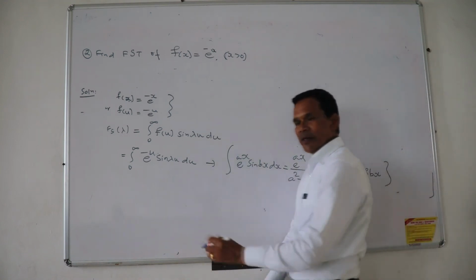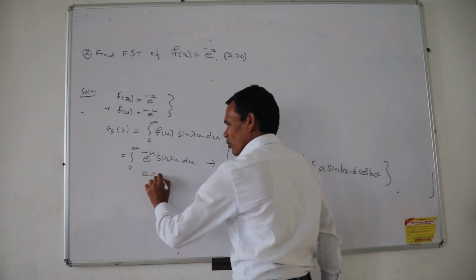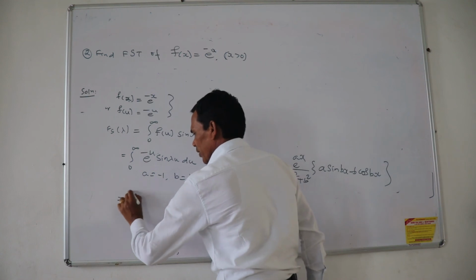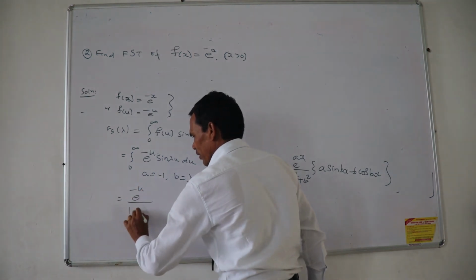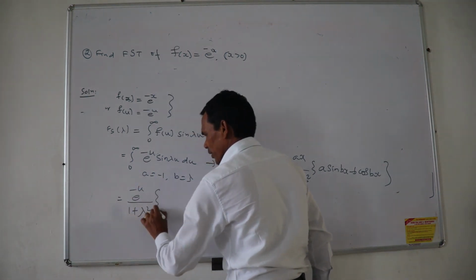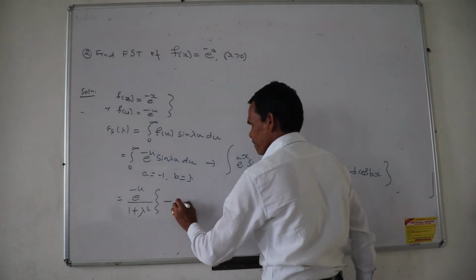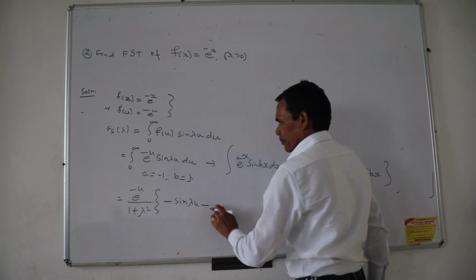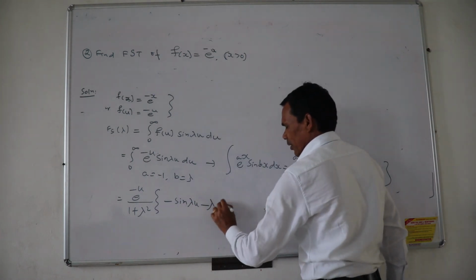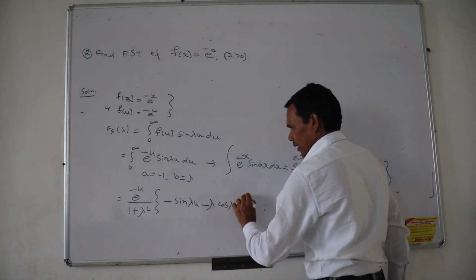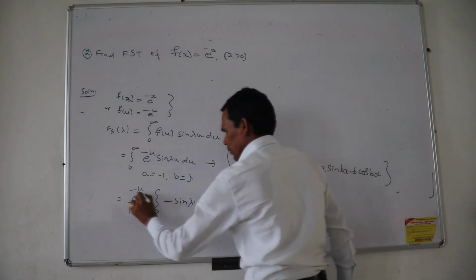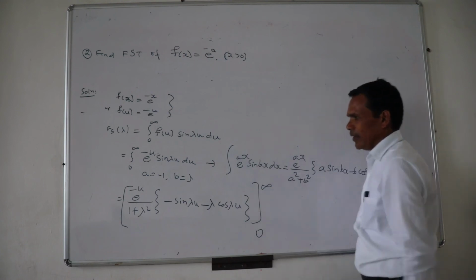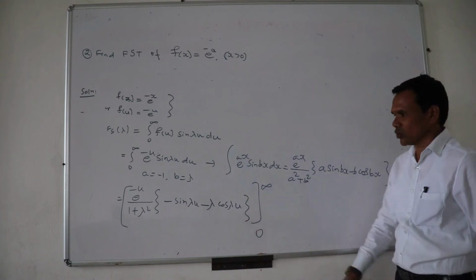So a is equal to minus 1, b is equal to lambda. So I write the integration of this: e raised to minus u divided by 1 plus lambda square, inside the bracket minus sine of lambda u minus lambda into cos of lambda u, with limits 0 to infinity. So I apply the upper limit minus the lower limit here.